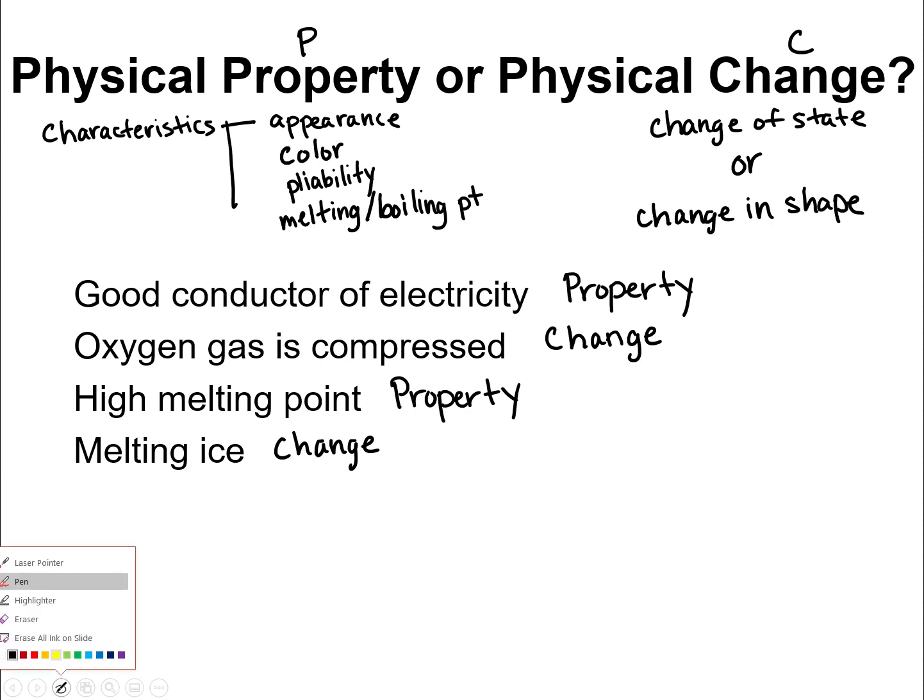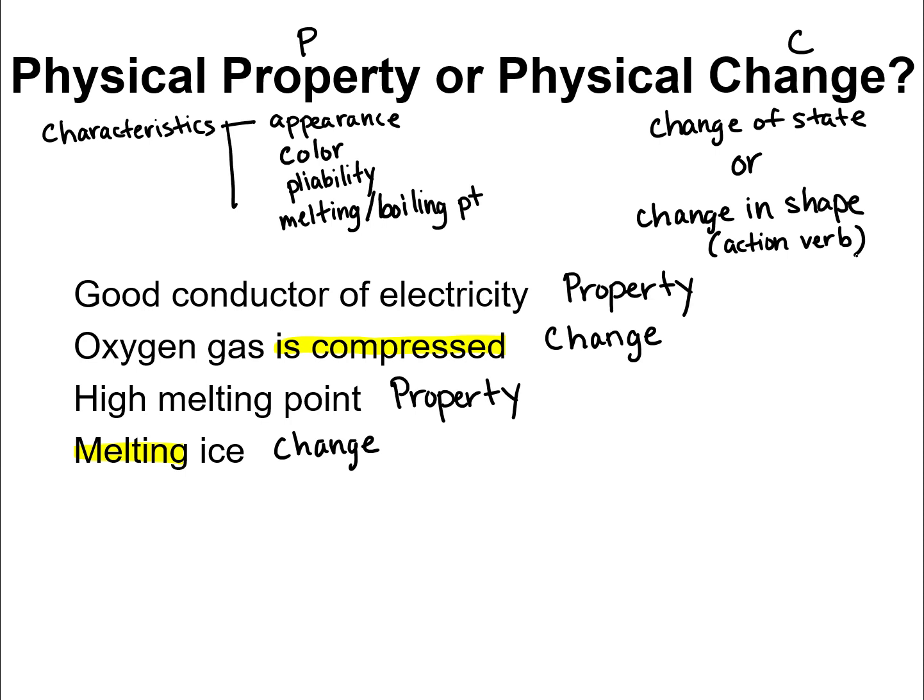Now I want you to take a second and look at these phrases. For the changes, we had something is compressed, or we had melting. Those are verbs. So a change is usually going to have some kind of action verb associated with it.